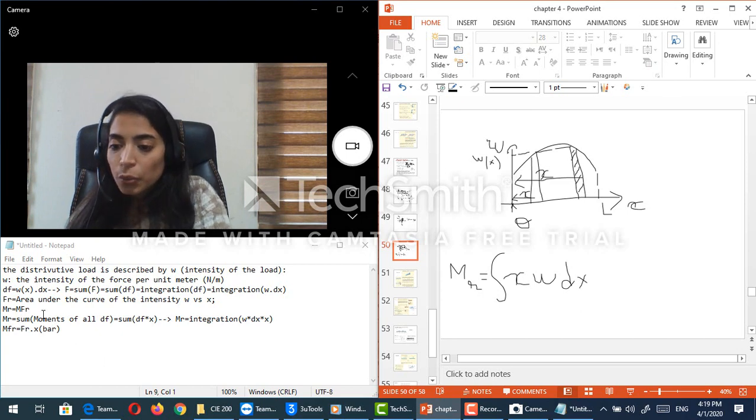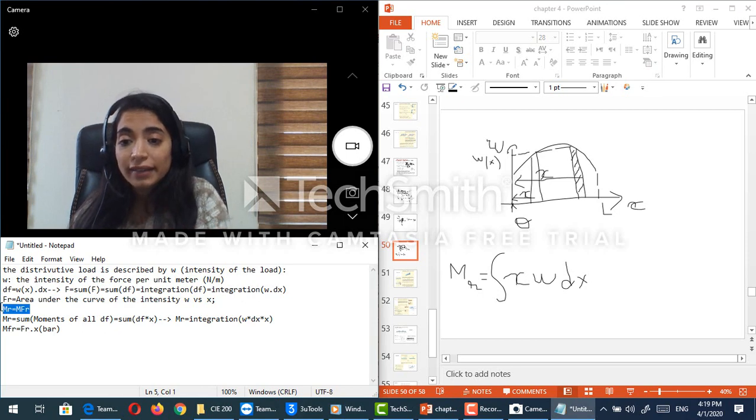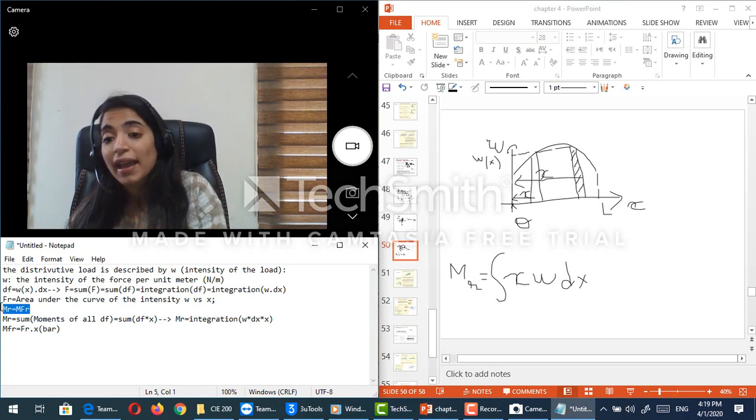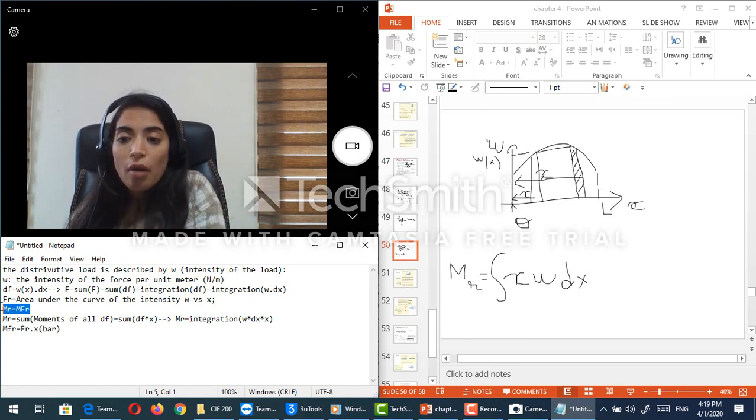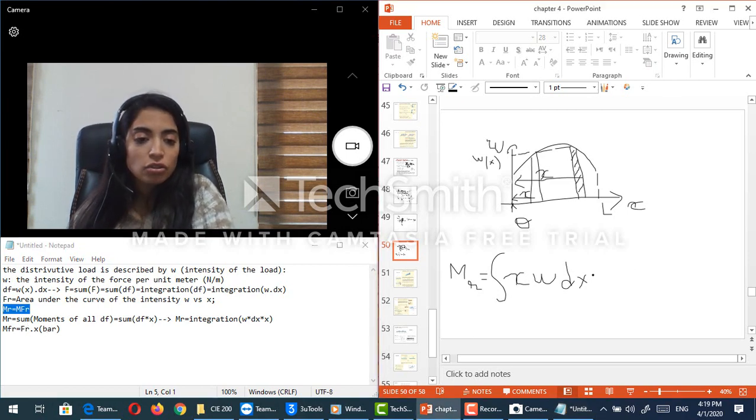And if I need to equate these together, and this should be equal, because in fact I cannot locate F_R if it doesn't have the same effect on rotation. So if I equate them together, which means M_R is equal to the moment caused by F_R, that is equal to F_R times x bar, this should be equal to what? To F_R. What is F_R? F_R is the integration of omega dx.